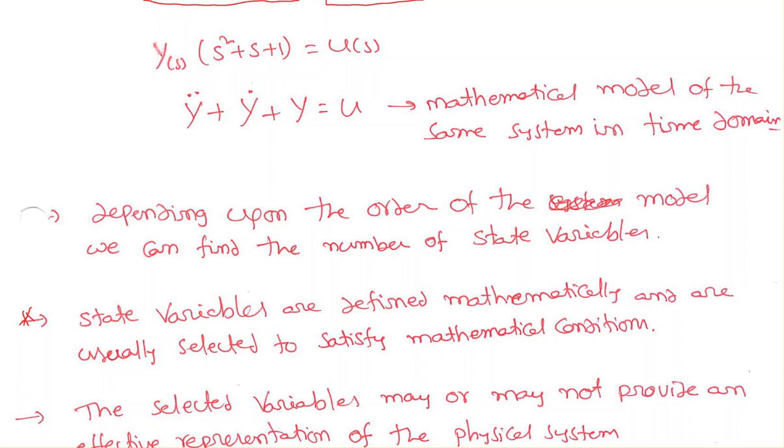When it comes to electrical circuits, we always choose current passing through the inductor as one state variable and voltage across the capacitor as another state variable. So if a circuit has three energy storage elements, two capacitors and one inductor, two state variables are the voltages across each capacitor, and another state variable is the current passing through the inductor.